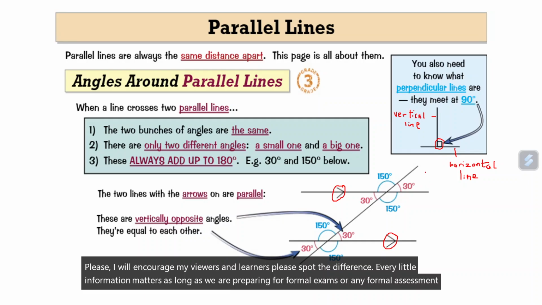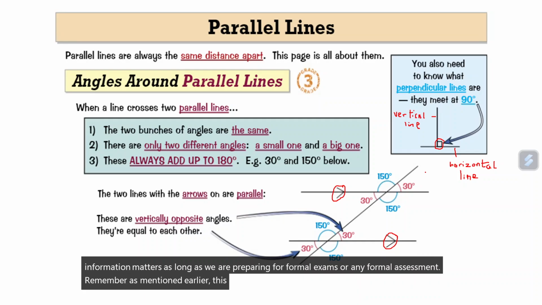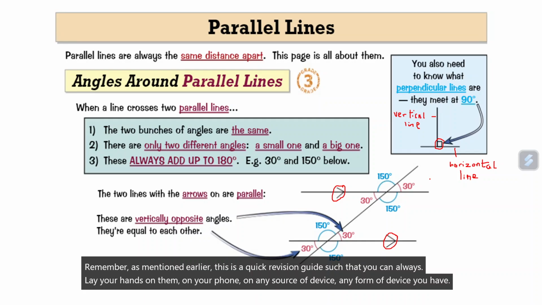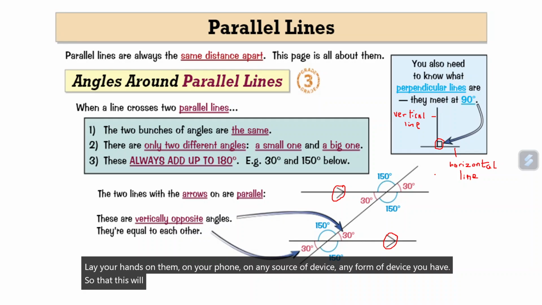Remember, as mentioned earlier, this is a quick revision guide such that you can always lay your hands on it on your phone or any device you have, so that it will aid or support you during your personal or group revision exercise.